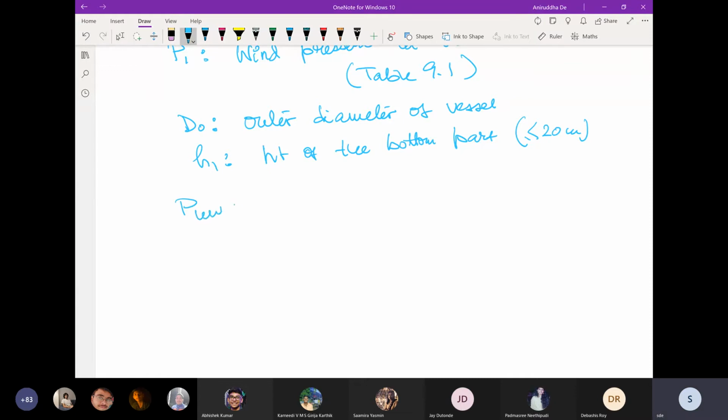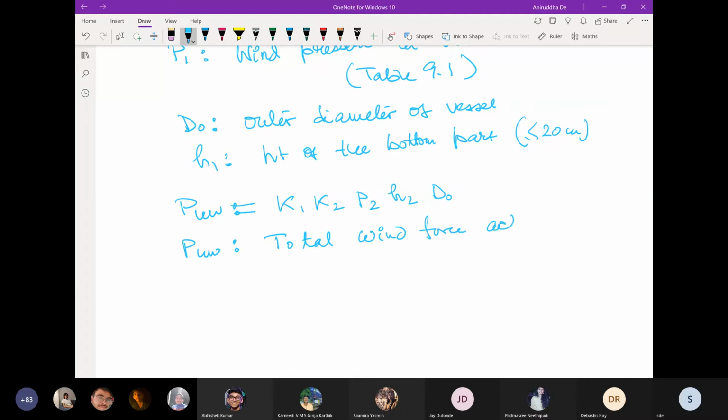Next is Puw. Puw is equal to k1, k2, p2, h2, d naught. So Puw is basically the total wind force acting on the upper part of vessel of height above 20 meter.